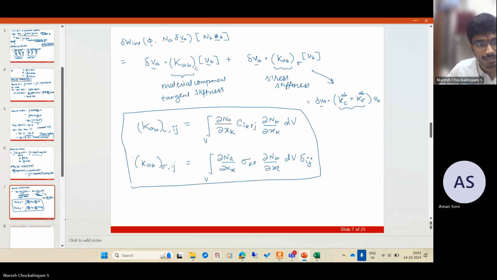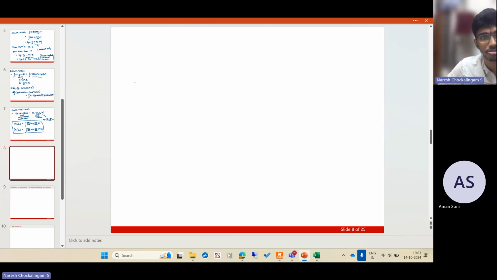Right. So for the physical significance, maybe I can take a 1D example and show what stress stiffening is. I think a bar is a good example. Suppose we take a bar with two nodes and say it has 2 degrees of freedom at each, U1, V1, U2, V2. Bar usually has only one, but say the vertical displacements are large. After deformation, it takes up some shape like this.